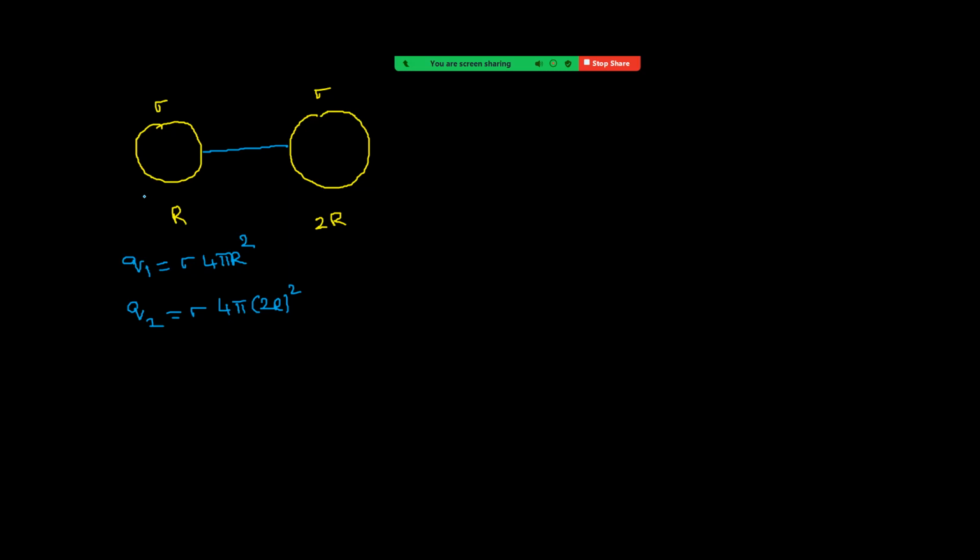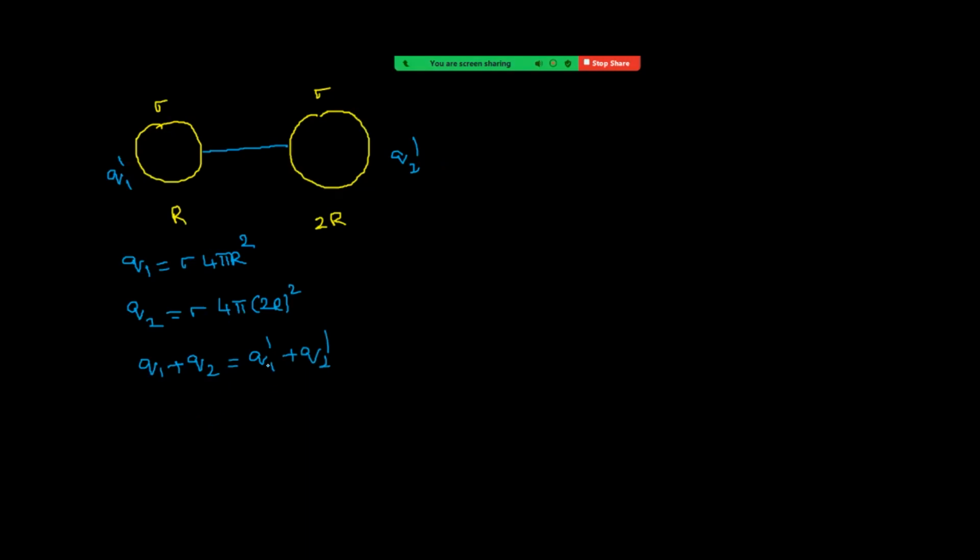Let us say finally the charges are Q1 dash and Q2 dash. So condition 1, from conservation of charge, we can write Q1 plus Q2 should be equal to Q1 dash plus Q2 dash.